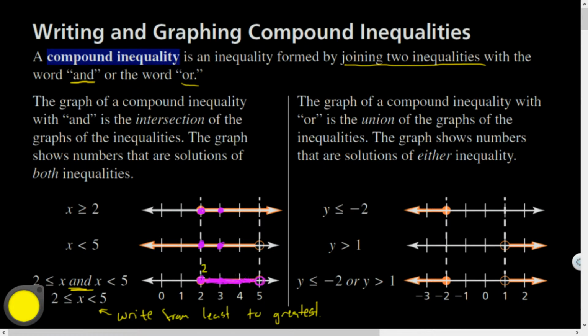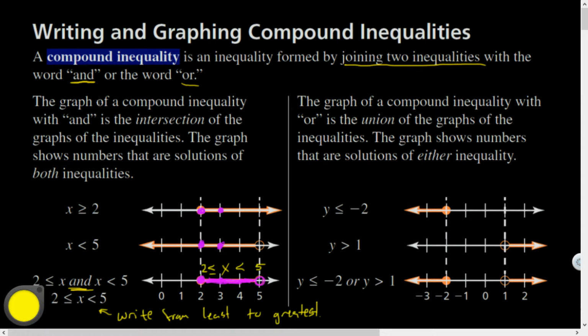Then I've got all of my solutions, which we call x, and then the biggest value I have occurs at 5. So from least to greatest, it's 2, then x's, then 5. And then I would write all my inequalities in less than form. So 2 is less than or equal to x is less than 5 is actually how you would even read that out loud. Okay, so that's how you can write it from least to greatest form, rather than just throwing an and in between them. That's okay when you're solving, but once you're done, let's simplify it to this compound form.